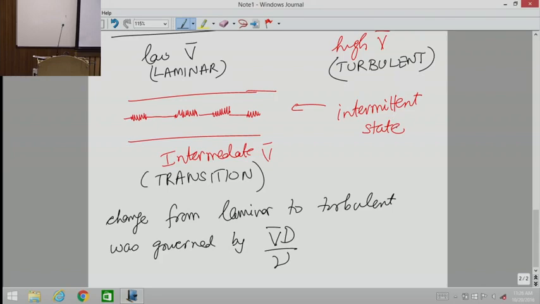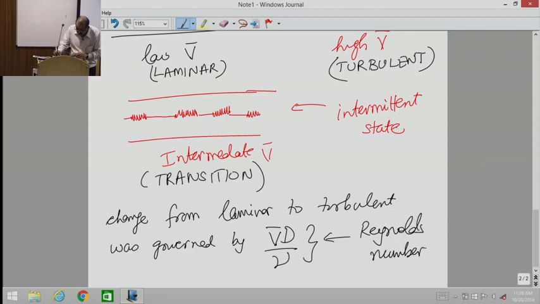So that means he did the experiments with different pipes of different diameters and different fluids. And it turned out it depended on this ratio. And this ratio is what we call the Reynolds number.